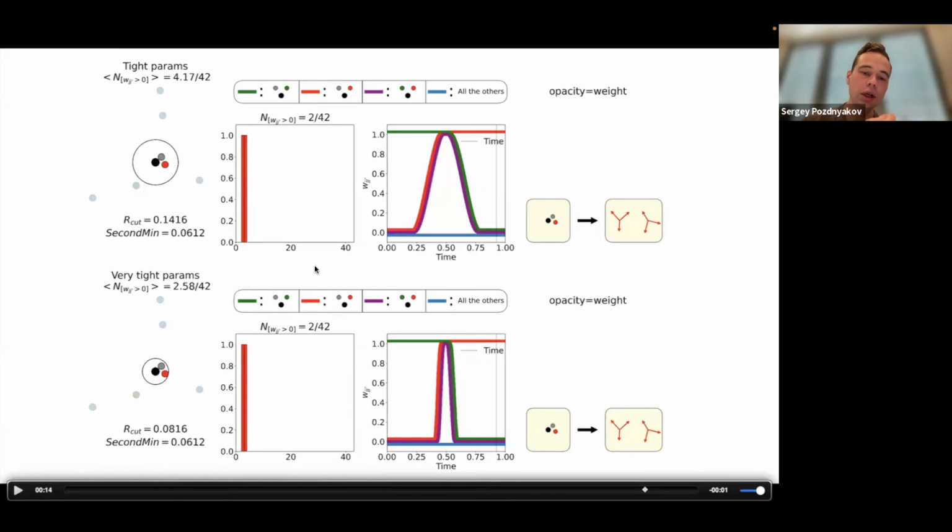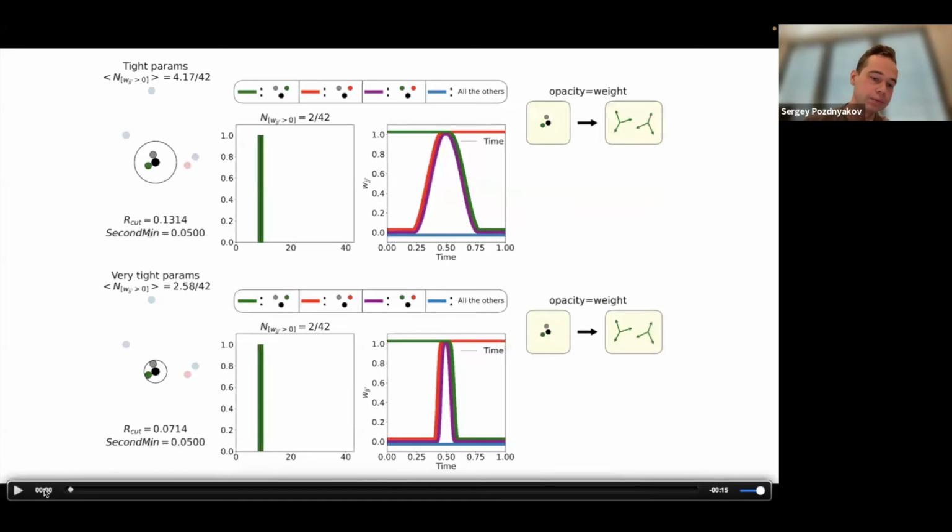So now, when I have explained to you what is happening in the plot and the meaning of all the subplots, we can watch the simulation once again and contrast the behavior for small beta and for large beta.